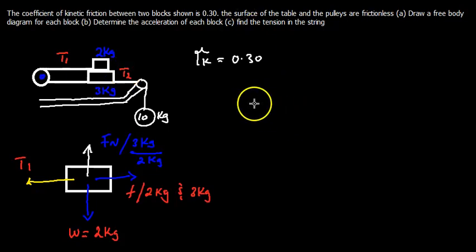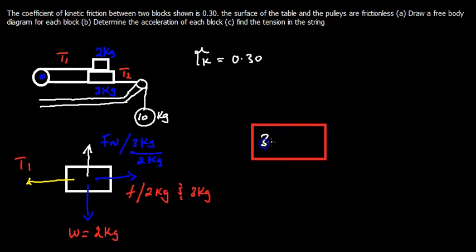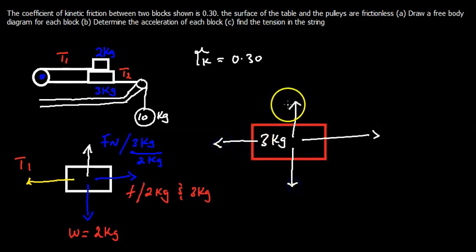Let's look at the second diagram, which is the 3 kg. In this case, let's start by putting in the 3 kg. And here also we're going to have arrows pointing in different directions. The first thing which we have on top is the normal contact force by the floor on 3 kg.